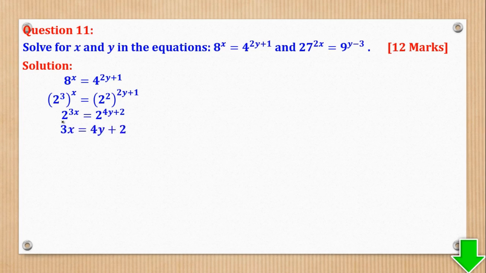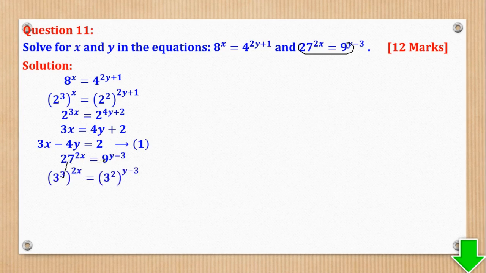After that you realize that these are the same base, so they can cancel and remain with only the powers. I think now we have a linear equation. Let's call it equation 1. And we shall do the same procedure on this second equation. For this case, 27 is 3 to the power 3 and 9 is 3 to the power 2.